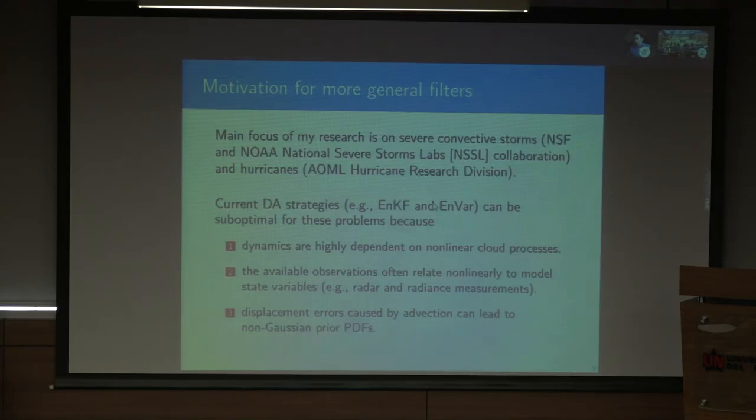A good example for the convective scale is radar reflectivity, and for tropical cyclones, most of the measurements we have come from radiances, which are just measured from satellites. And also because of advection in our governing equations for the atmosphere, we have displacement errors in various features, whether it's clouds or even large-scale features in our system. And I'm going to show a demonstration later on that demonstrates why this leads to pretty non-Gaussian prior PDFs for data assimilation.